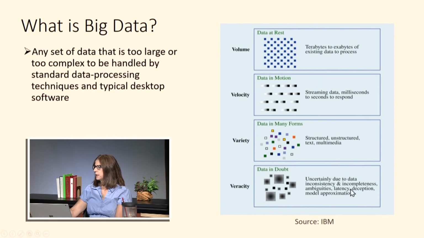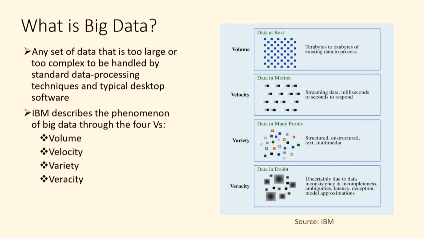And the veracity is the uncertainty due to data inconsistency and incompleteness. That's important. Data in doubt. Is this the accurate data? Are we cleaning it enough? How much cleaning do we have to do? Because that depends. And that's IBM's framework for data.